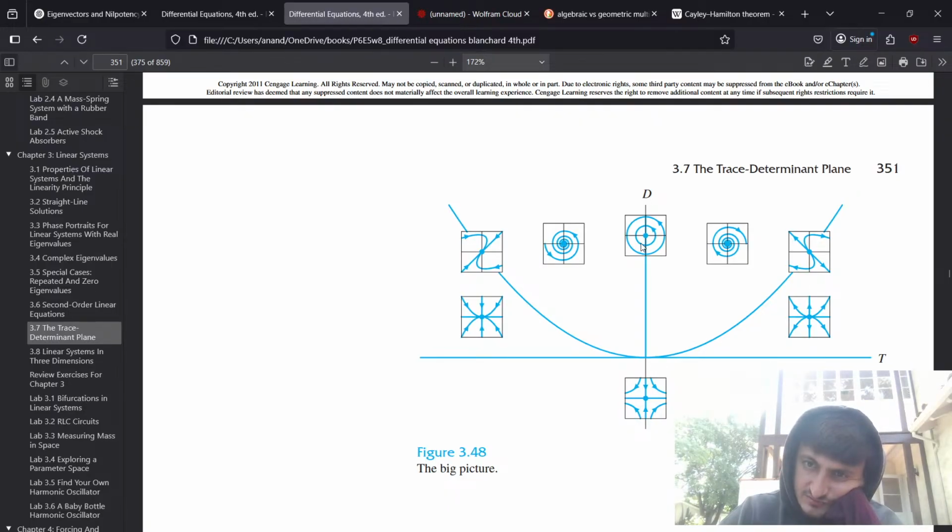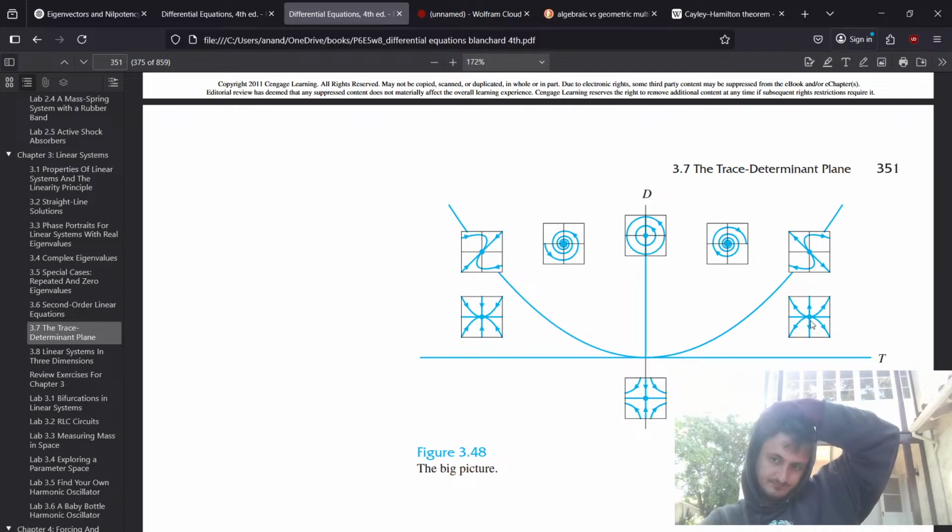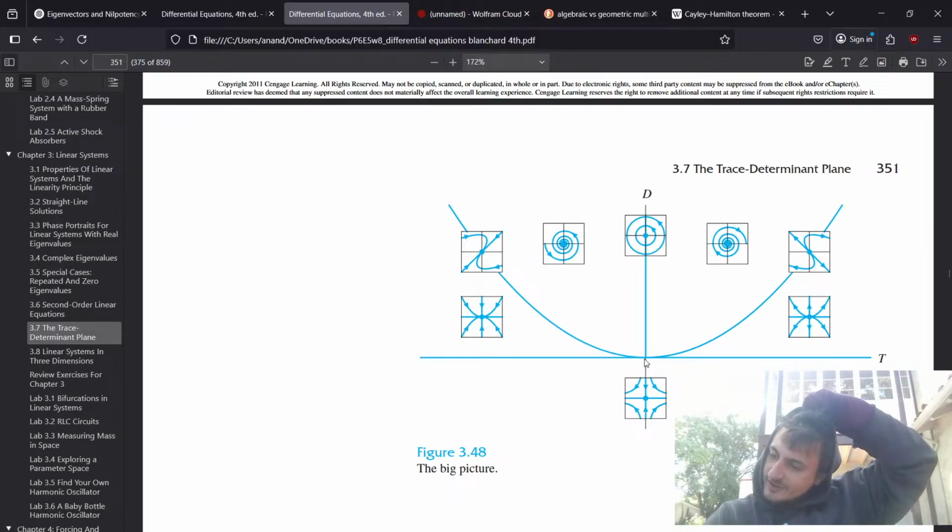We got this 1, 2, 3, 4, 5, 6, 7, 8. And then when they're both 0, so we did the both 0 case.